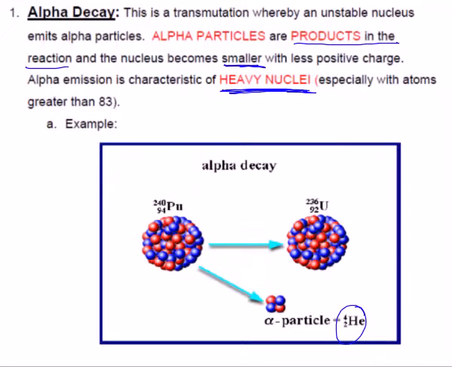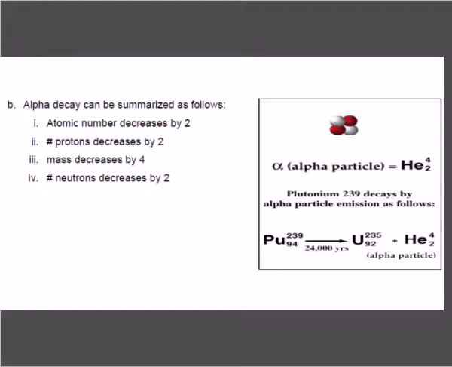So alpha decay is the first one. It can be summarized as follows, guys. Atomic number is going to decrease by 2. The number of protons will also decrease by 2. Mass is going to decrease by 4, and the number of neutrons decreases by 2. That's just simple math when we balance those things out. Notice right here, this is what I was talking about, how long it takes for the decay of plutonium-239 down to uranium-235.